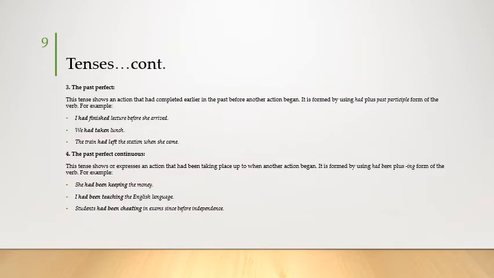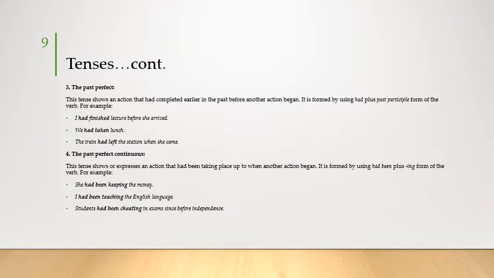The past perfect. This tense shows an action that had completed earlier in the past before another action began. So we have two actions in the past. One was done before the other action. In this case, past perfect is used.